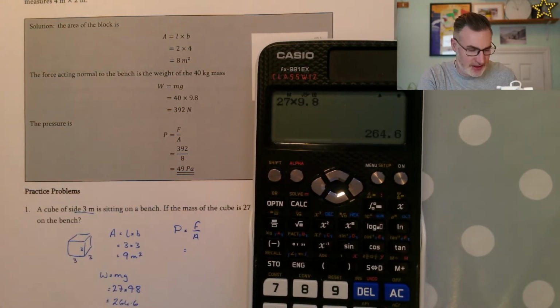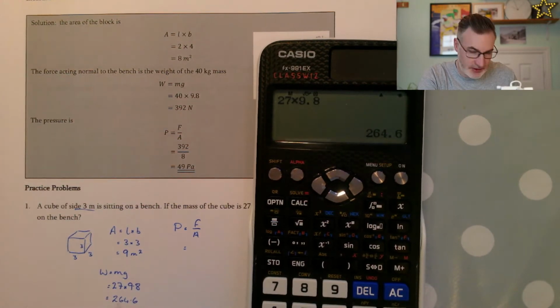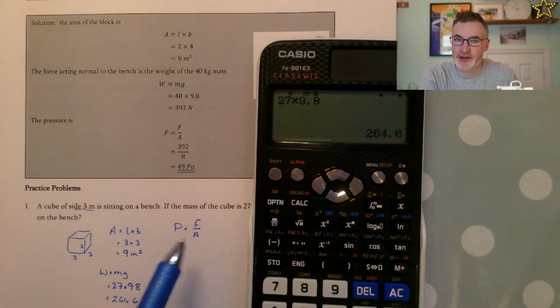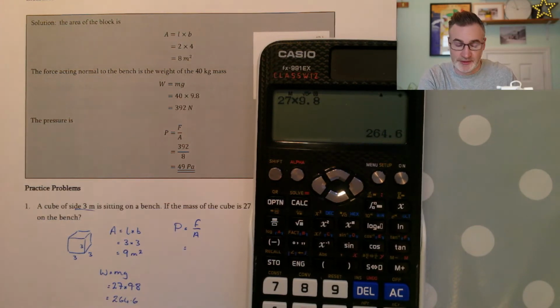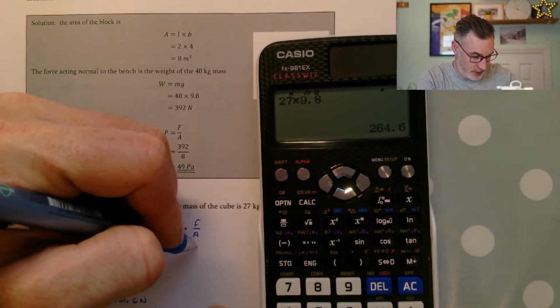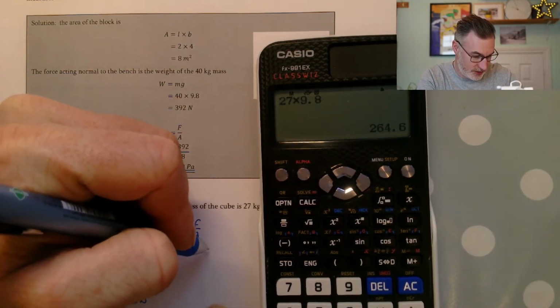I generally tend not to round my answer in here because I'm going to be using it in a subsequent calculation, and I'll do my final rounding for pressure. So there we go, and substitute the values in.